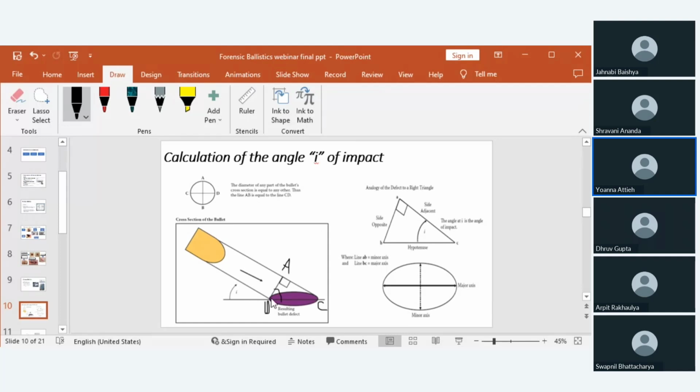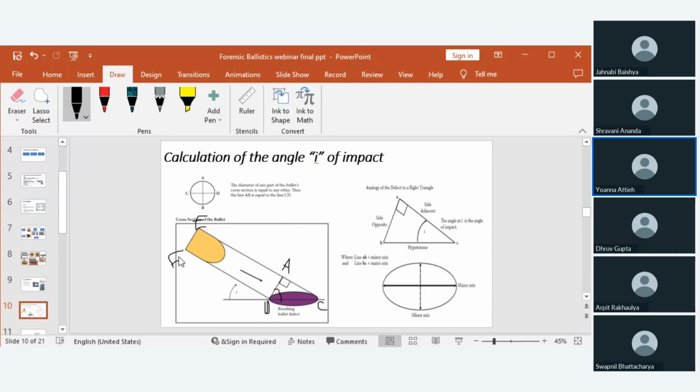Okay? So when calculating AB, AB is equal to EF, which is the caliber of the bullet. Now, because this is a rectangle, EF is equal to AB. But the question here is how we can measure EF.